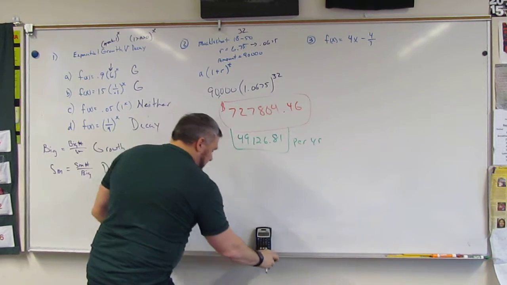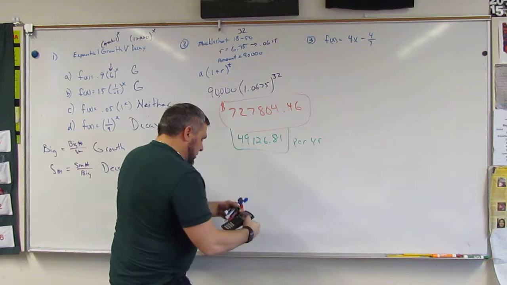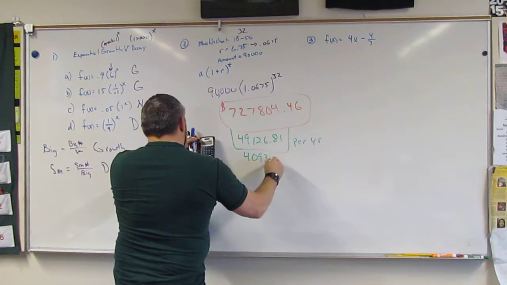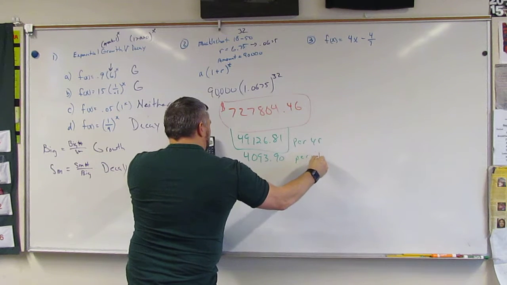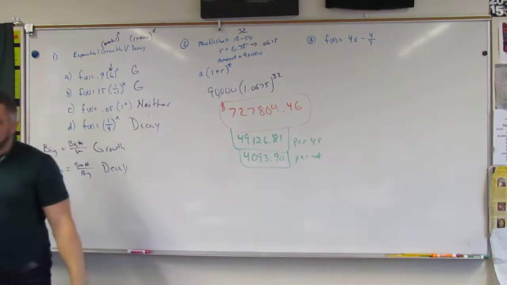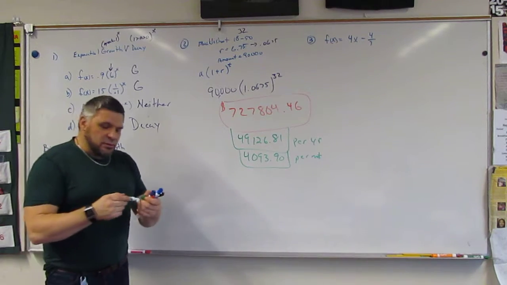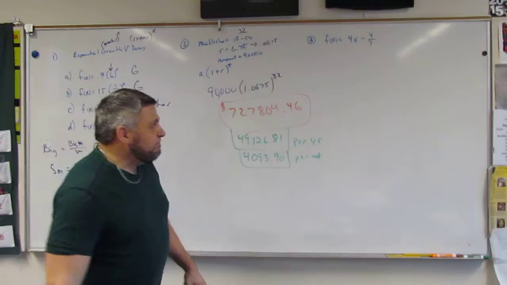So we divide it by 12, and you get $4,093.90 something a month. Dang, it's quite a bit. So if you could live off of $4,000 a month, you'll be fine at 50.